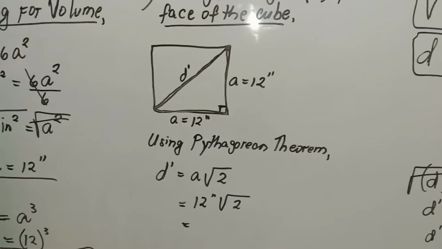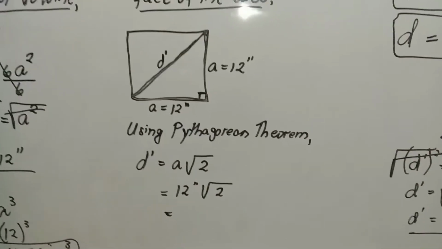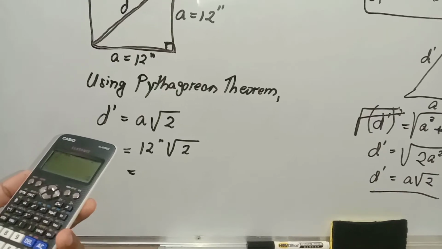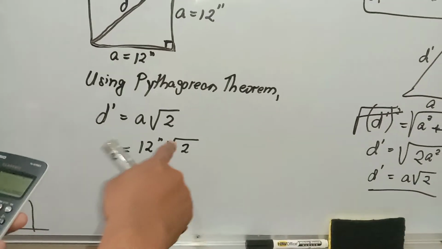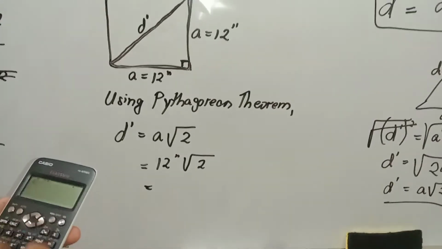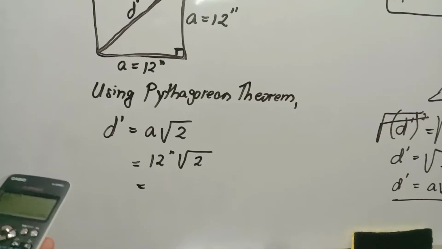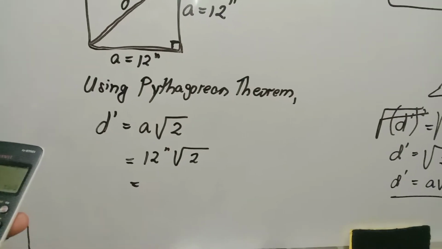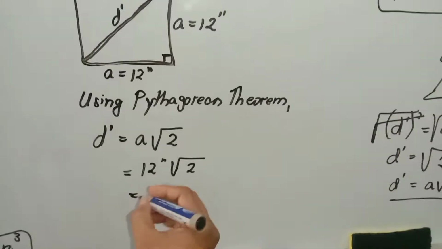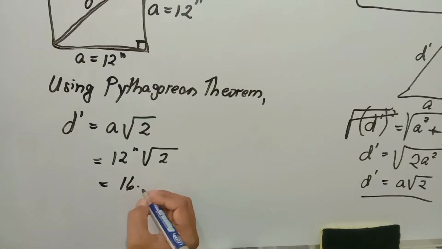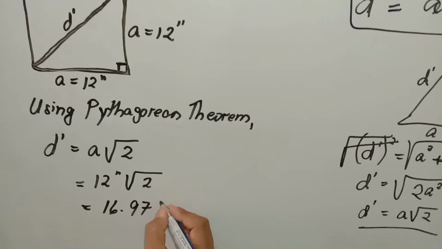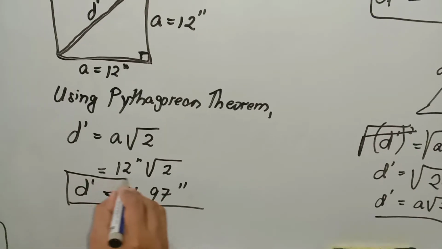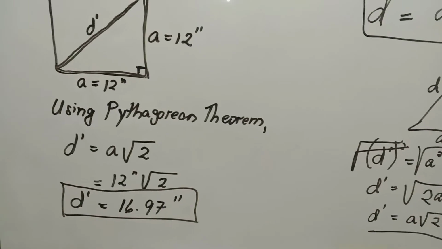We need to calculate D prime: square root of 2 times 12 inches is equal to 16.97 inches. So this is the diagonal length of one face of the cube.